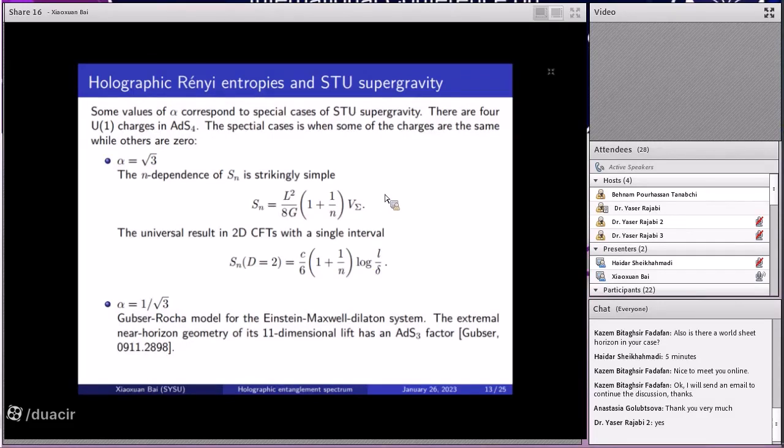But since the neutral solution is from the Einstein-Maxwell-dilaton system, the 1 over root 3 case is also called the Gibbons-Maeda model in the EMD system with the same potential. The extremal near horizon geometry of its 11-dimensional lift has an AdS3 factor. This may explain its similarity with the result in 2D CFT. Besides, when alpha is 0, we have the S-AdS black hole, but it also corresponds to supergravity.